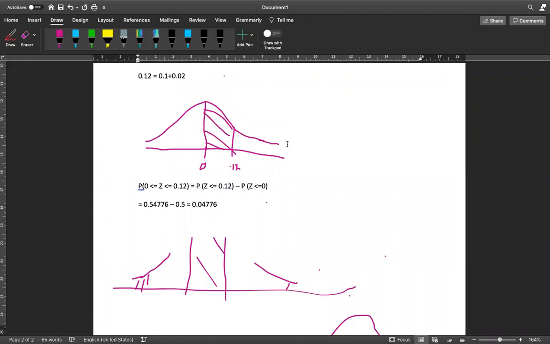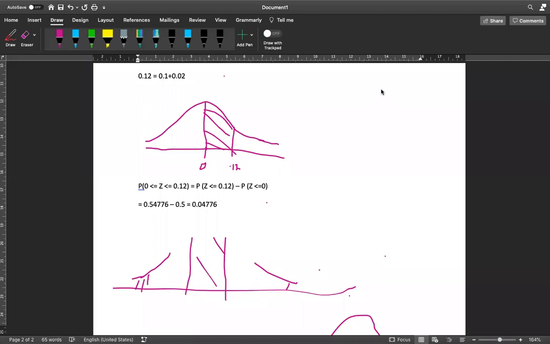We evaluate from negative infinity up to the point 0, then evaluate from negative infinity up to the point 0.12. Then subtract. When you subtract, you get the value that lies between 0 and 0.12. Basically, that is what we are saying. So that is why we are using the probability that z is less than or equal to 0. Is that okay? Yes, that's okay.